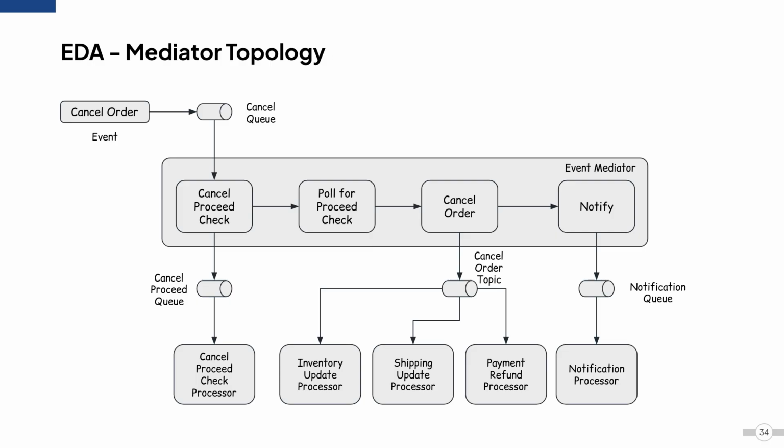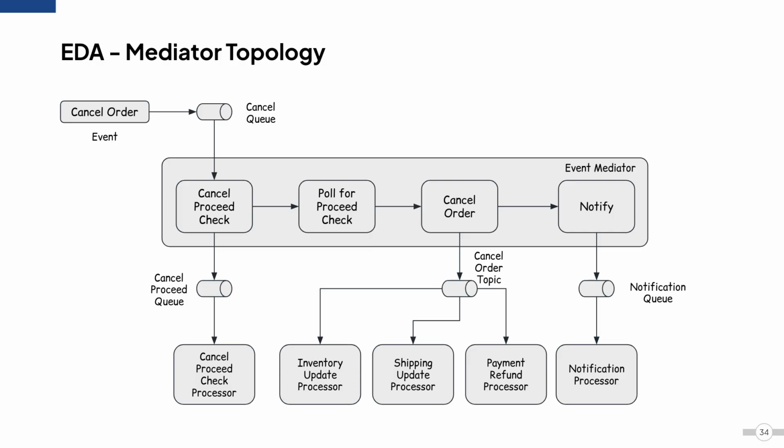So for this particular scenario, the event mediator topology pattern is not that good, because it just waits and polls on the information. This pattern is good when every step that you are taking care of in the event mediator does not depend on the previous step. But in this case, the second step depends on the first step, so it has to wait.